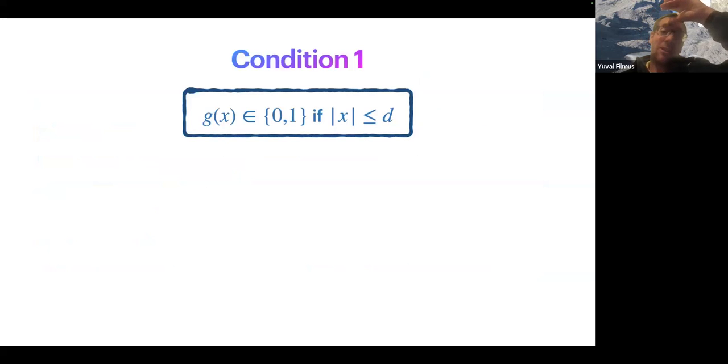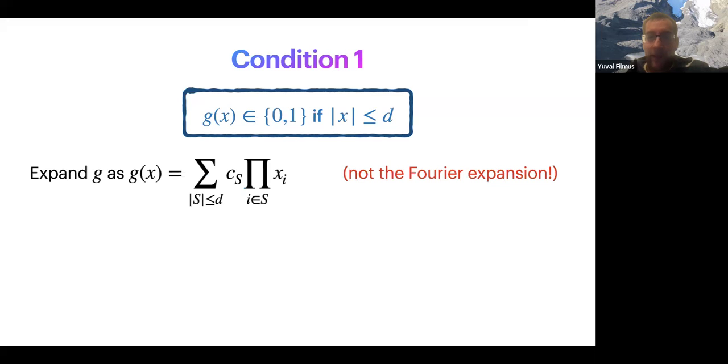The first condition that this approximating function g is going to satisfy is that it's Boolean on all inputs of low Hamming weight. What does this mean? We can expand g as a multilinear polynomial. This is what's written here. Maybe this expression is kind of complicated.